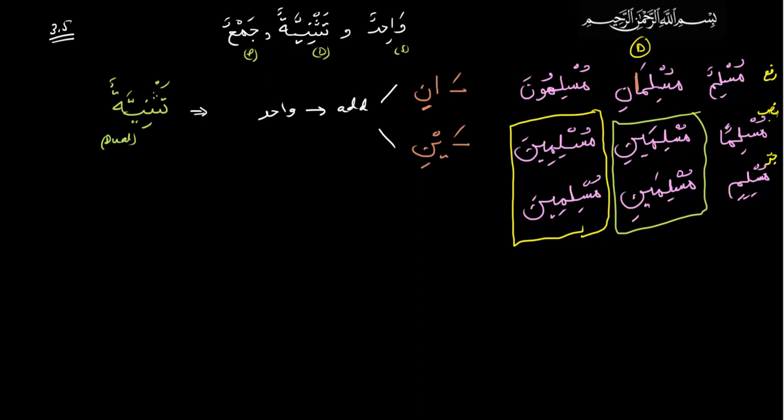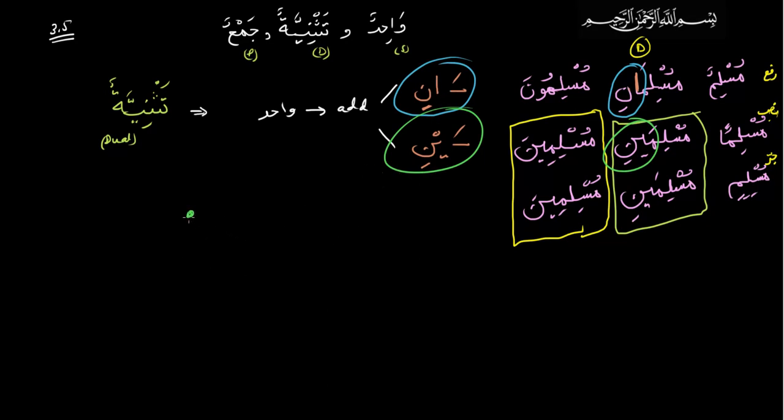So you make a dual by either adding this ani, which is this over here, or by adding aini, which is this over here. So you add that. That's basically how you do it.